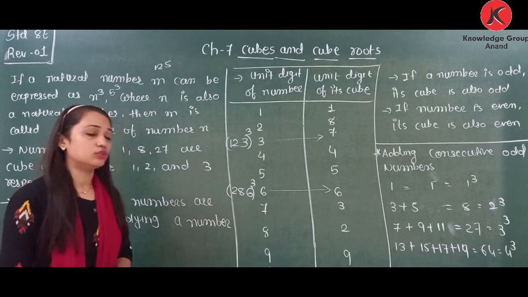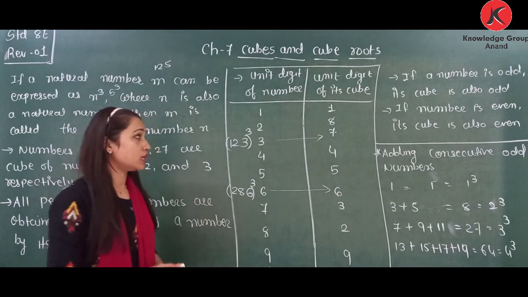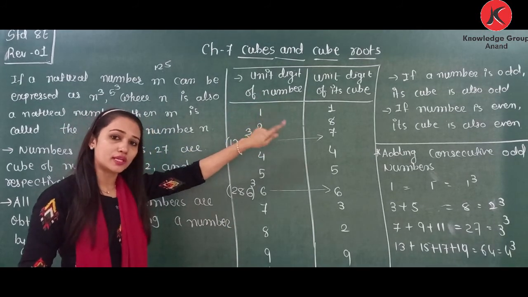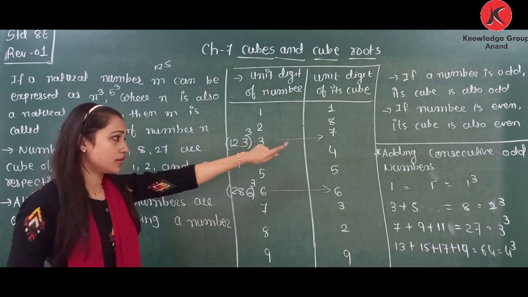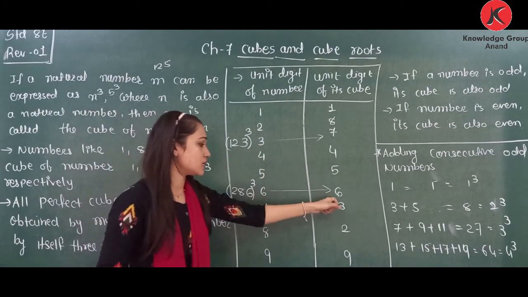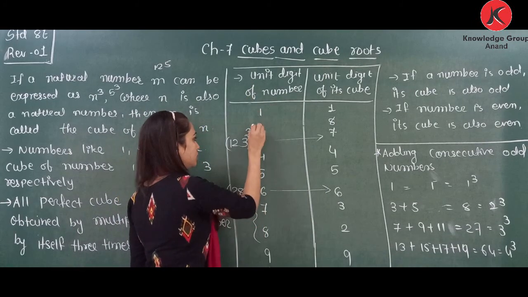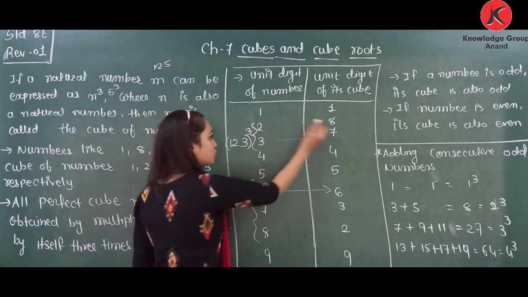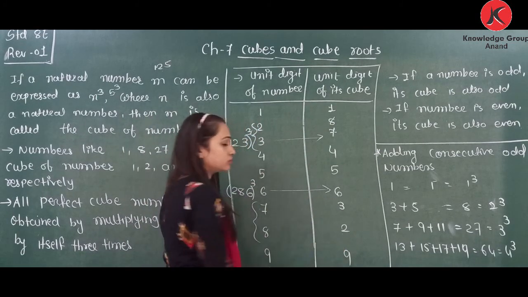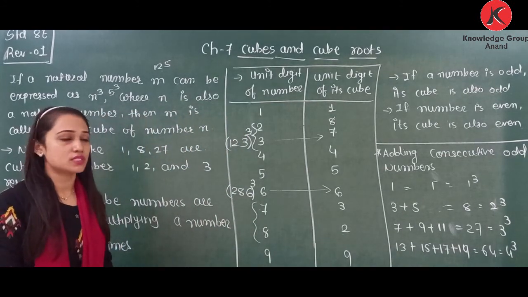You need to remember this, because this kind of question can be asked for MCQ or blank. If 1, then 1. If the last digit is 2, then its cube ends with 8. 3 ends with 7. 4, 5, 6 stay the same. Only these 4 digits are changing: 2 to 8, 3 to 7, 7 to 3, 8 to 2.